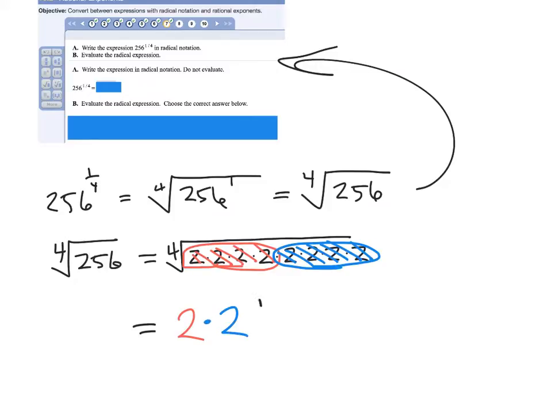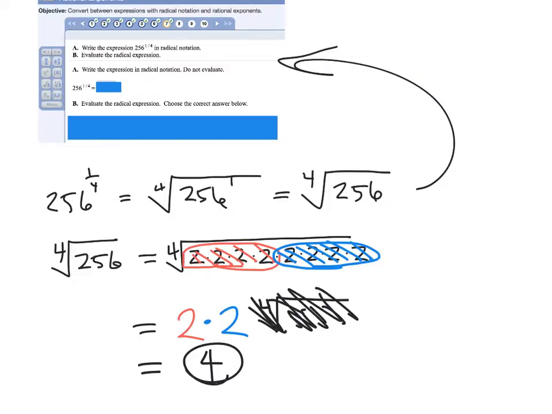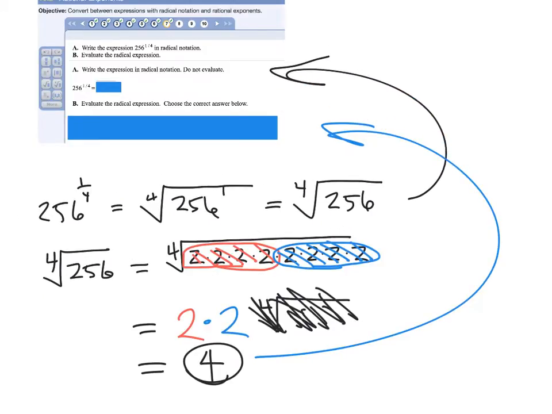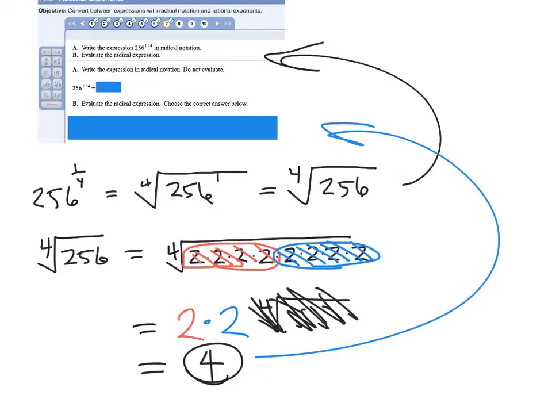And what do we have left inside the root? Nothing. So that whole thing goes away, and so our answer is 4, because 2 times 2 is 4. And that is the second part of your answer. So if we wanted to check, it would work out.